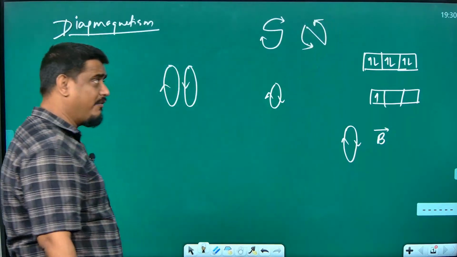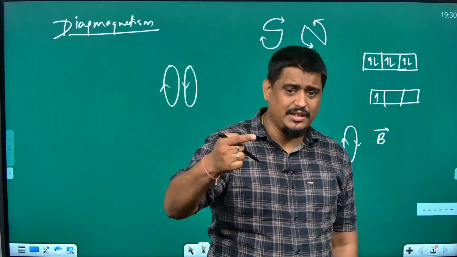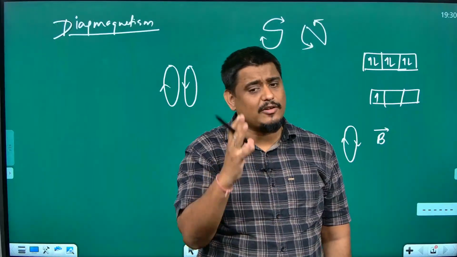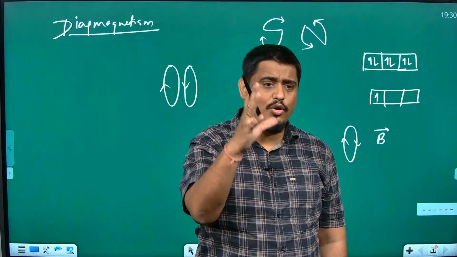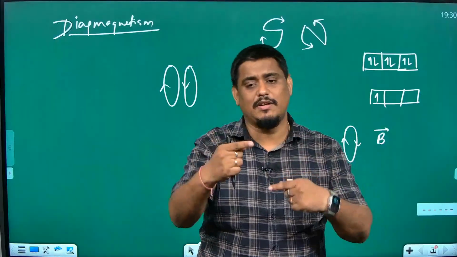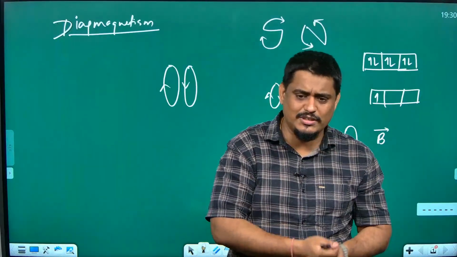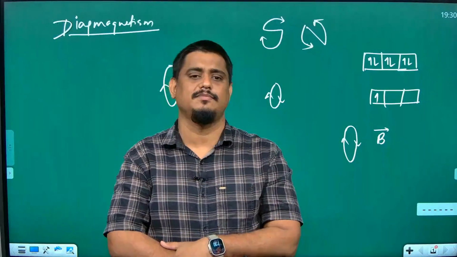So, if you have one electron moving in the clockwise direction, it is going to behave like a south pole. If you have one electron moving in the anti-clockwise direction, it is going to behave like a north pole. But if you have 2 electrons, one moving in one direction and one in the other, they will cancel each other. The magnetic moment will become 0 once again because they are opposite to each other. Then why does it show magnetism?